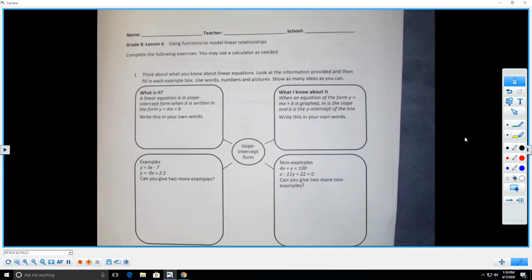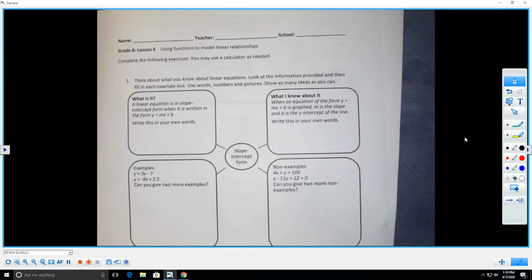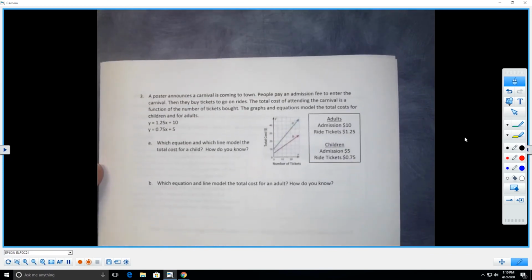This is just a simple Frayer model that you can fill out as you're thinking about all that we talked about today. We're actually going to move on to number 3 and work that out together. If at any point I'm going at a faster pace than you would like, please feel free to pause this video.